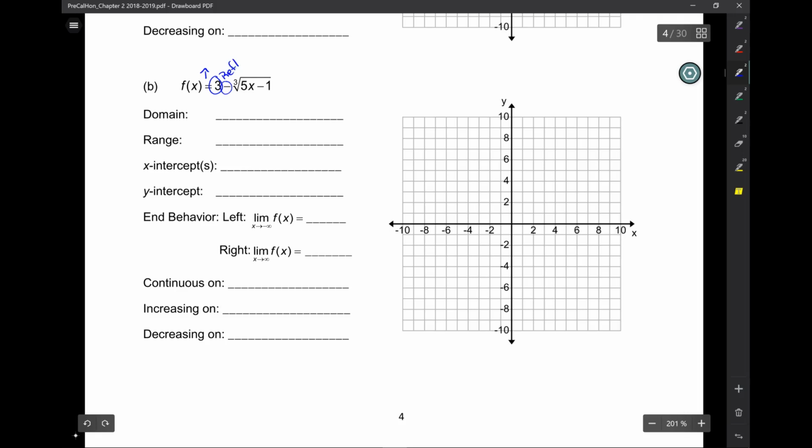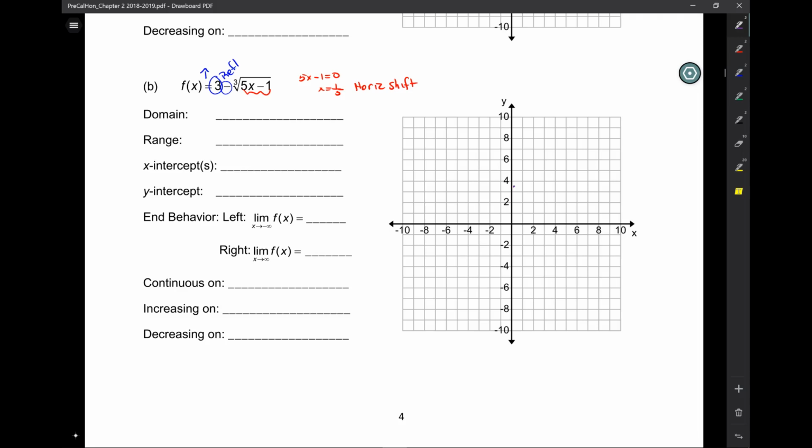And then here, what about the 5x minus 1? What's the horizontal shift? To the right, how much? Just 1? 1/5. So you say 5x minus 1 equals 0, x equals 1/5. That's the horizontal shift. And so we moved up 3 units and over 1/5.